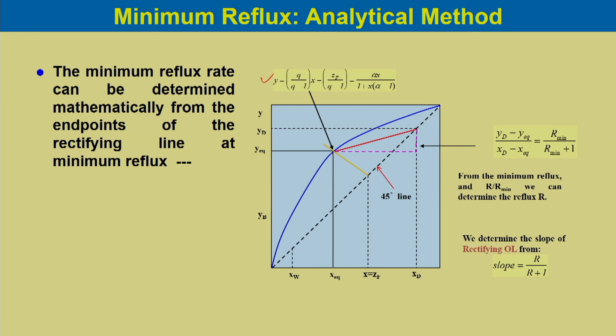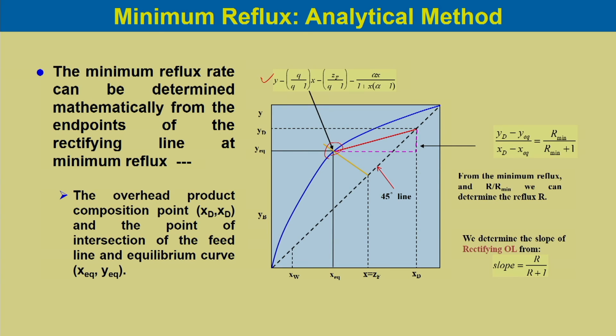That should be satisfied at this location. The overhead product composition is at point D, having the composition xd, and at this equilibrium position it is x equilibrium and y equilibrium.